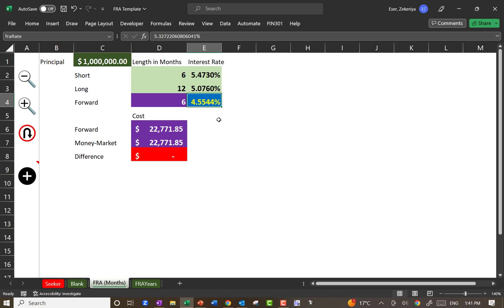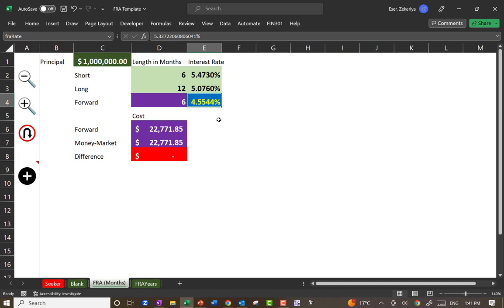As you can see, it is below both the current 6-month rate and the 12-month rate. This basically says the market is betting on the 6-month rate to go down quite a bit in England. Whether or not that will happen, we shall see. But that's how the market is betting.